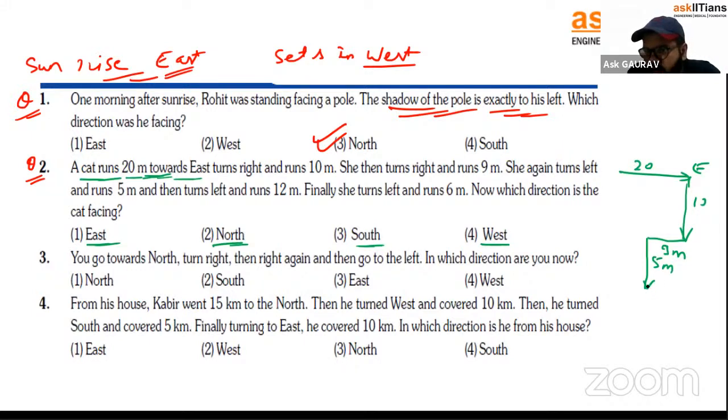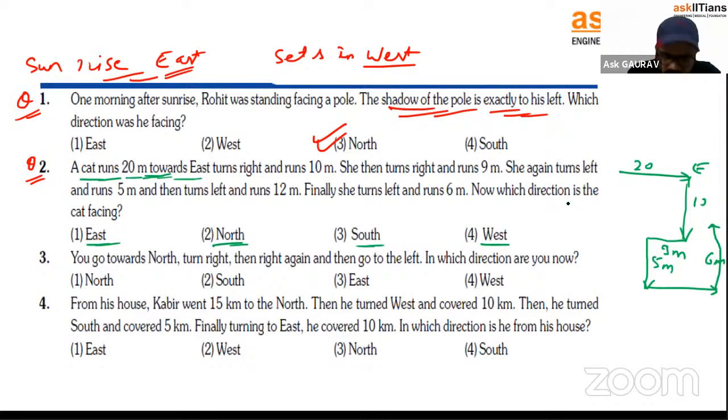So this 9 meters, again this 12 meters. She turns left now and runs 6 meters. So this will be your 6 meters. Now which direction is the cat facing?